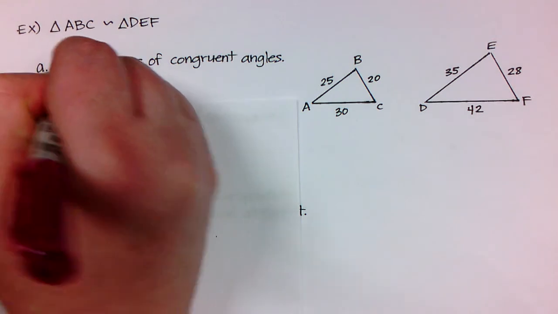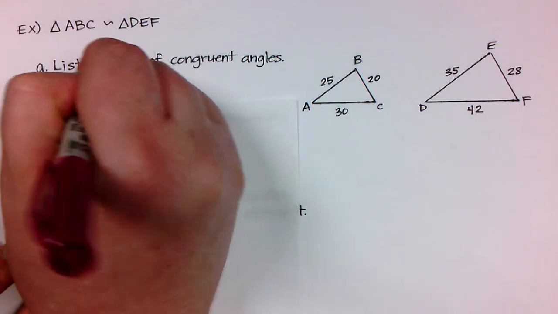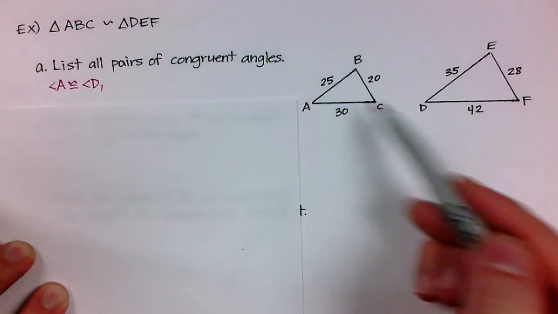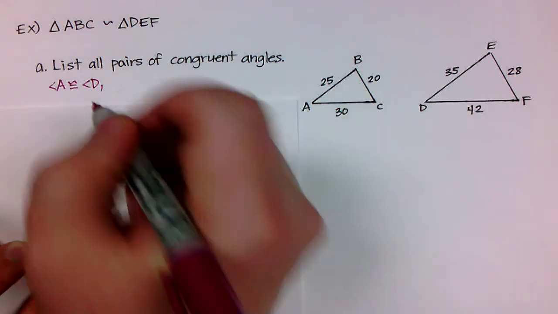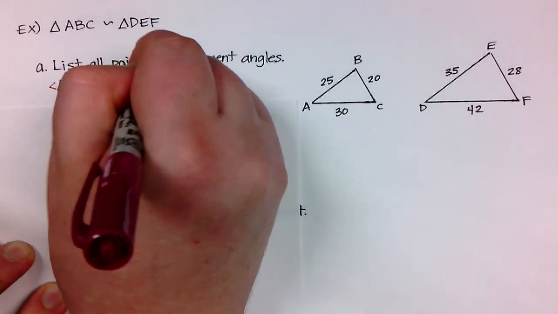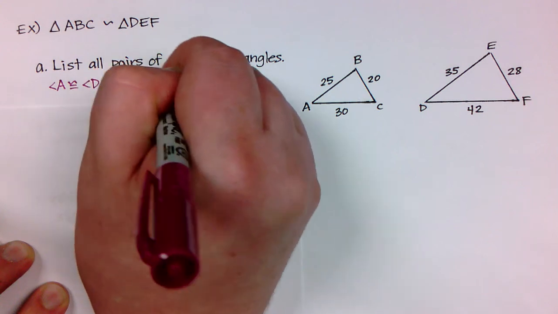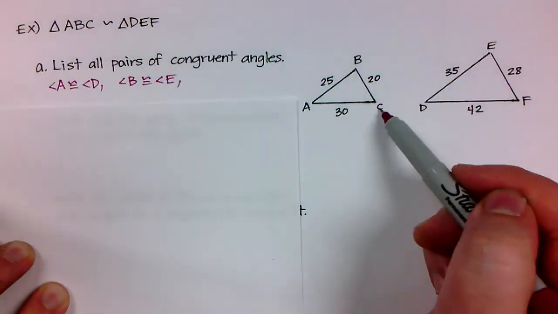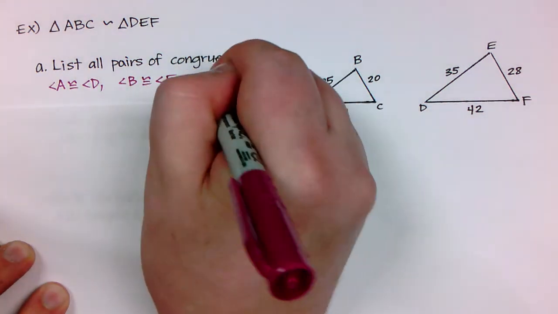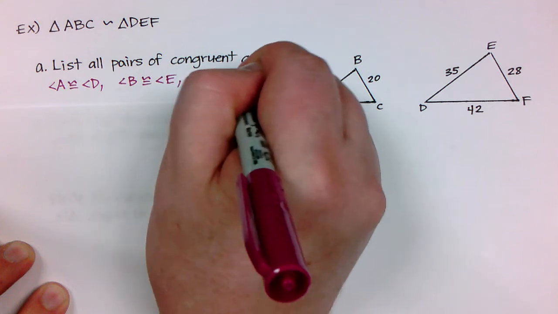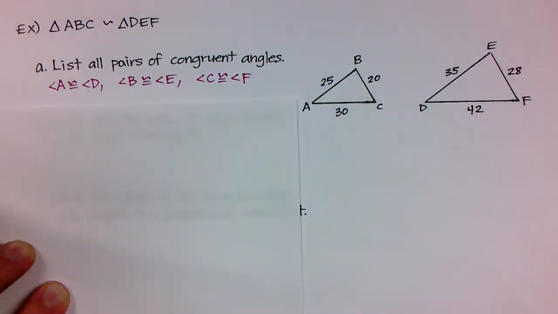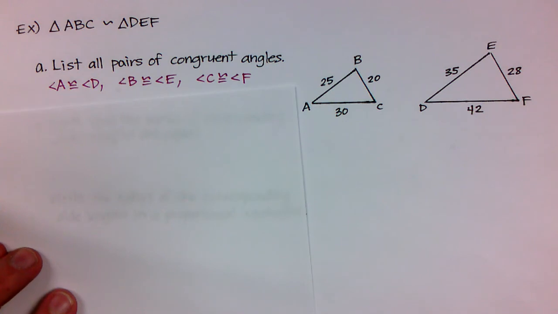So angle A is congruent to angle D. B is congruent to angle E. And lastly, angle C is congruent to angle F. So this is the first part. Pretty easy. If I was going to measure them, then I would have found that they were exactly the same measurement.